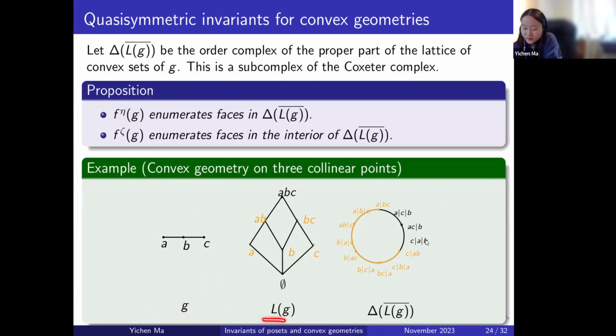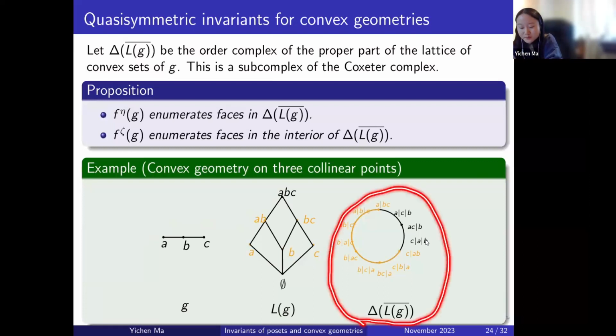From here, we can construct a lattice, and we only consider the proper part of the lattice. From this lattice, we consider the order complex of these proper parts. Then we get a subcomplex of the Coxeter complex. Here, this is the subcomplex we obtain from the convex geometry of 3 collinear points.